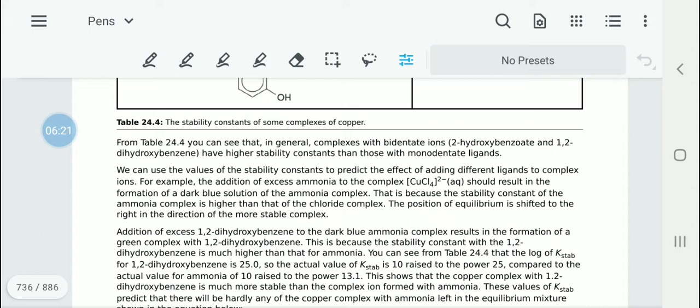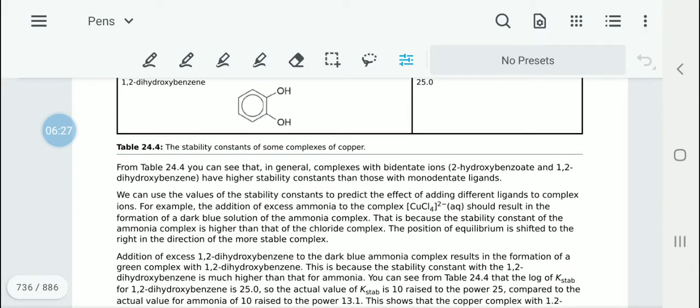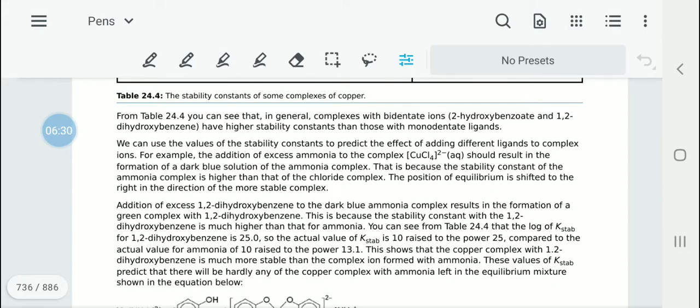Bidentate ligands, for example here 2-hydroxybenzoate and 1,2-dihydroxybenzene, have higher stability constants than monodentate ligands. So to understand what would happen if different ligands are added to complex ions, we can figure it out.